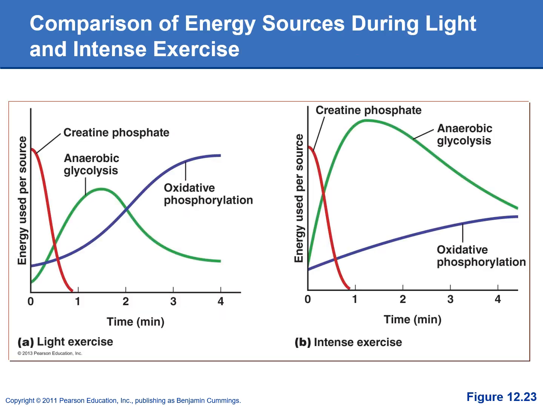Okay, so these graphs are really nice. What they're just showing you is that in light exercise here, so on the left, if we look at that first, when we first start exercising in red here, notice our first source of ATP is going to be creatine phosphate.